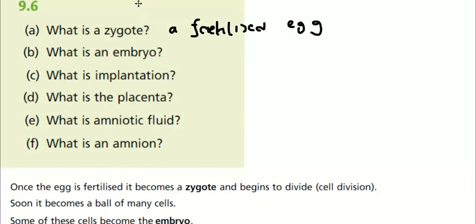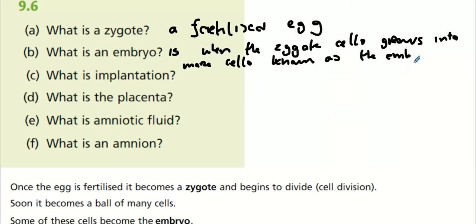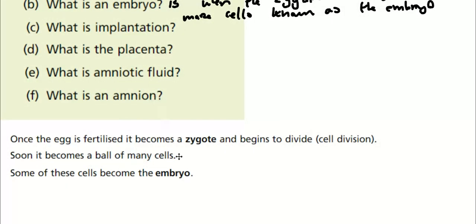So an embryo is when the zygote cell grows into more cells known as the embryo. That's a difficult one to get right because it wasn't an exact definition in the book.